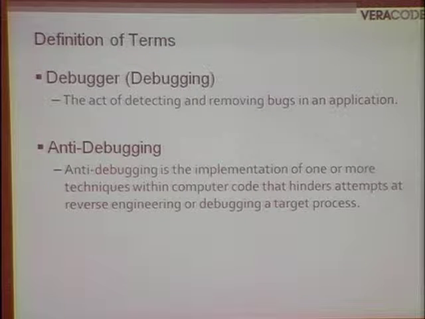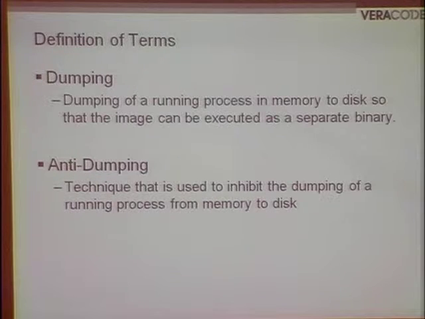Anti-debugging detects minute differences when our process is or isn't running within a debugger or within a virtual environment. Depending on how loosely you want to define anti-debugging, we can also include potentially anti-dumping, which I'll get to on the next slide, or virtual machine detection. So dumping is dumping a running process from memory to disk and recreating the executable binary.